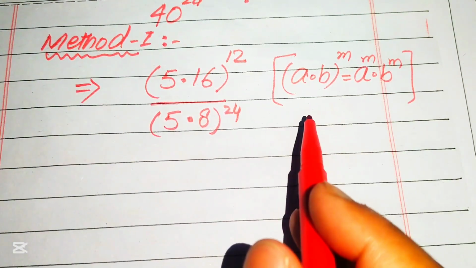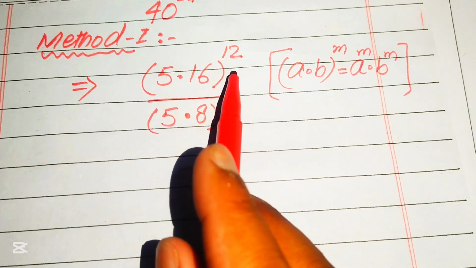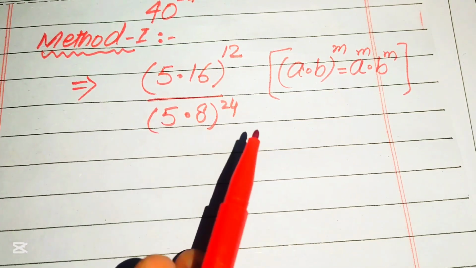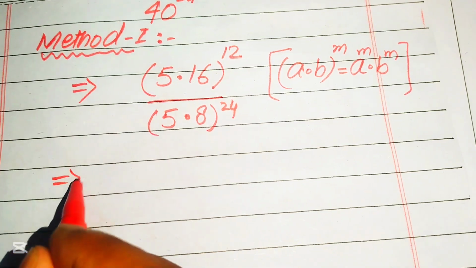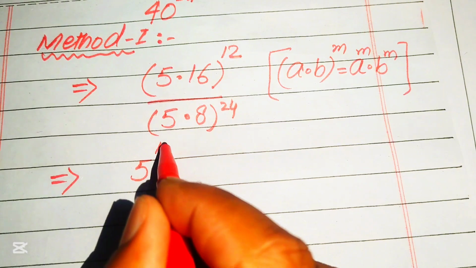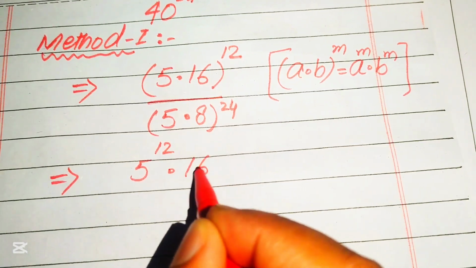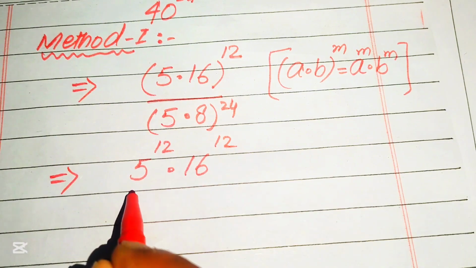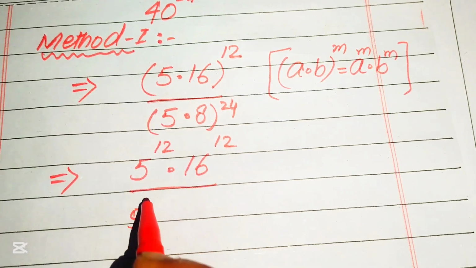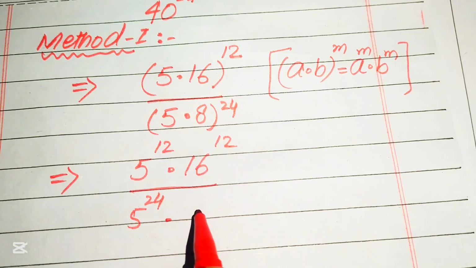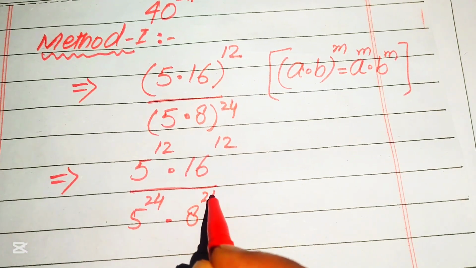According to this law, we break this exponent and write it separately on both of these terms, and it will be written as 5 to the power of 12 multiplied by 16 to the power of 12, divided by 5 to the power of 24 multiplied by 8 to the power of 24.